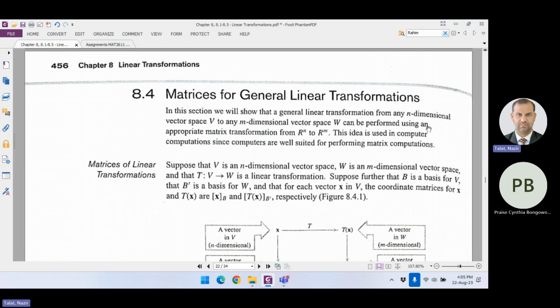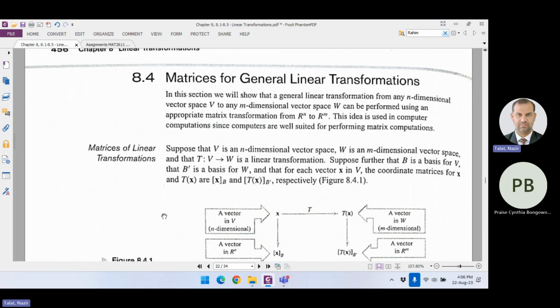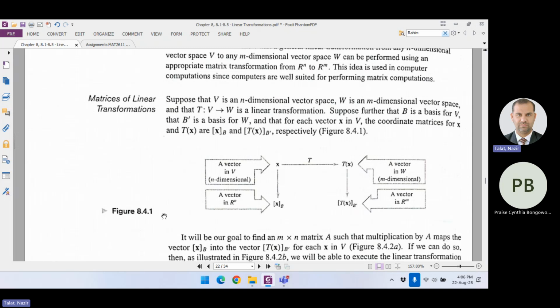As we already discussed, behind the linear transformation there is a standard matrix, but if we have some basis for the domain set of a mapping T, a linear transformation from V to W, then we can also find a standard matrix corresponding to the basis set B for a vector space V. We can also get it for Tx where B prime is the basis for the set W, and this technique is also quite useful to get the standard matrix of a linear transformation.